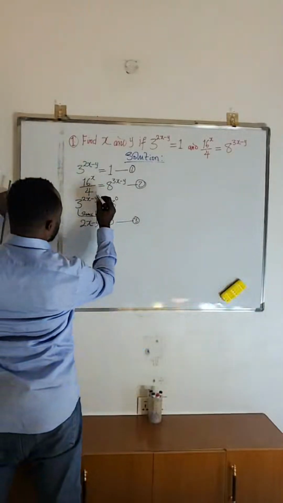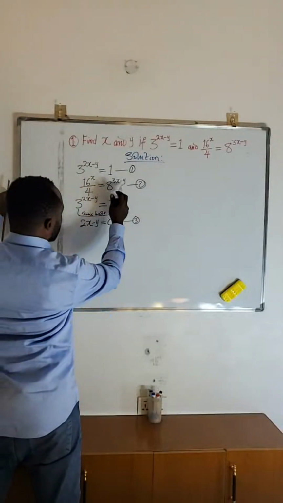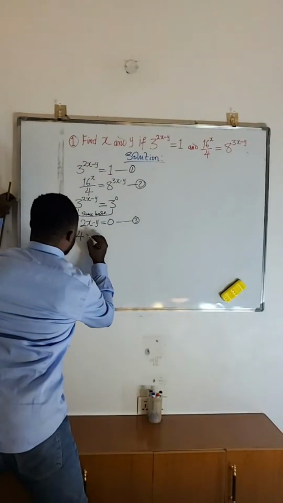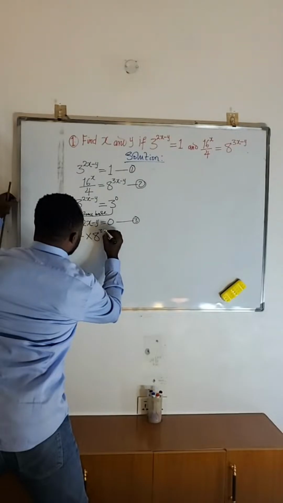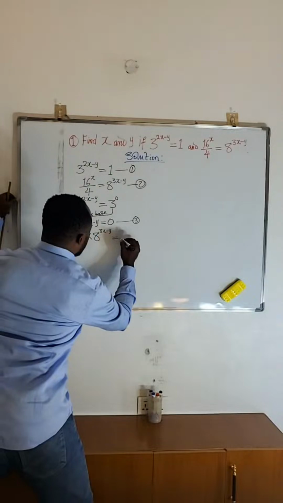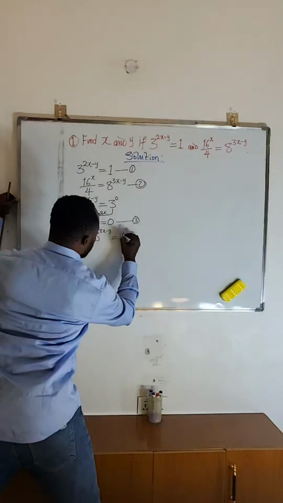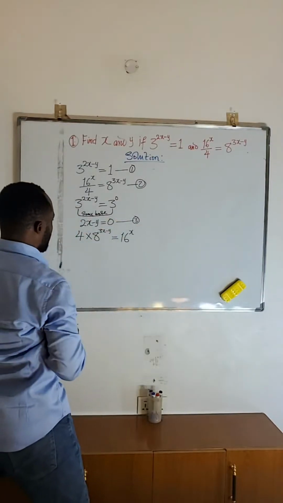If you cross multiply, 4 times 8 raised to the power of 3x minus y equals 16 raised to the power of x, because we are cross multiplying.